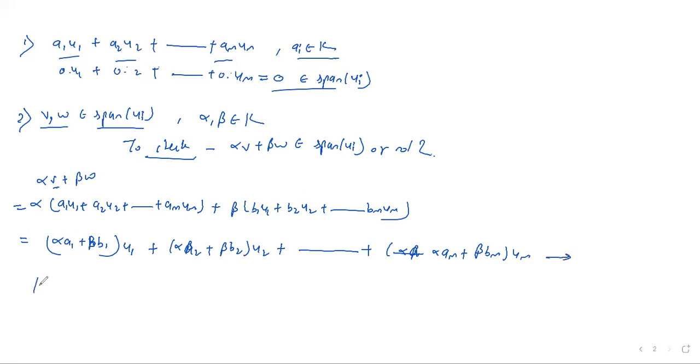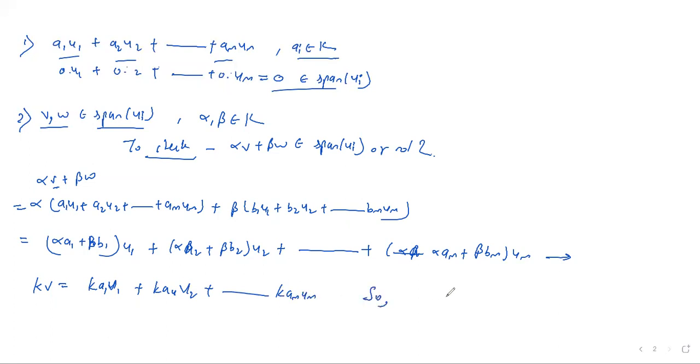And for the scalar multiple, let's check this too: k times a1 u1 plus k a2 u2 plus up to k am um.